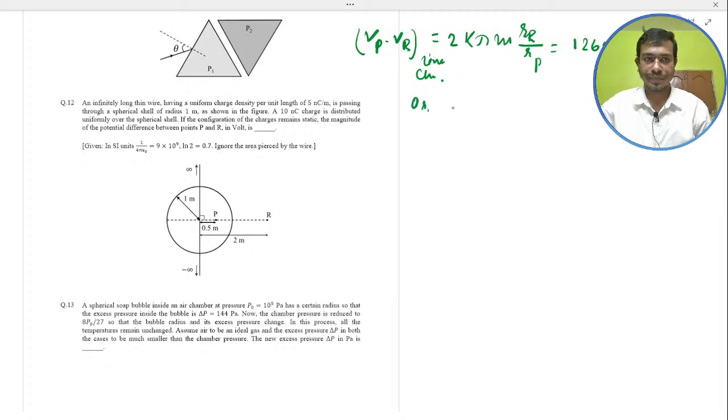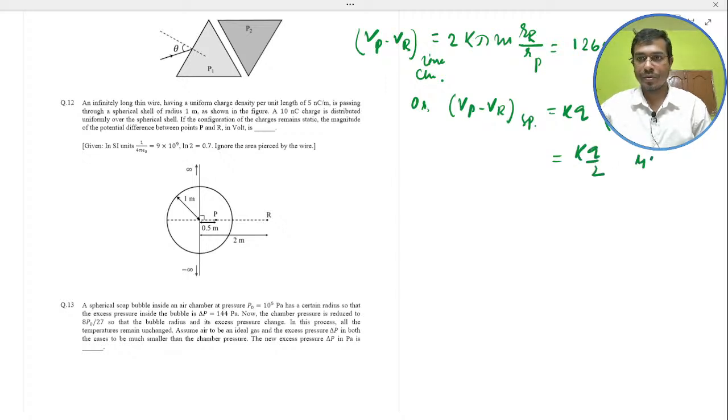Or, Vp minus Vr for the sphere is equal to Kq into 1 by 1 minus 1 by capital R, which is Kq by 2, that is 45 volt.